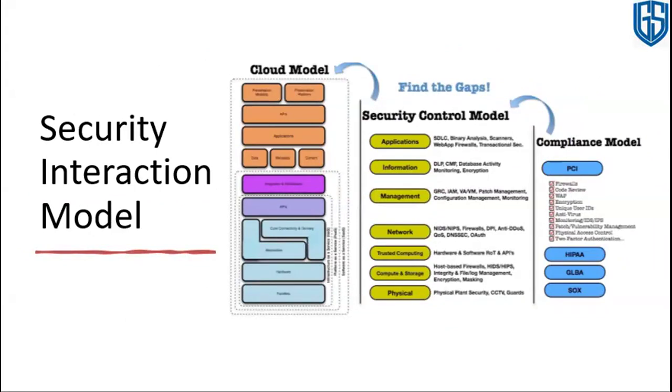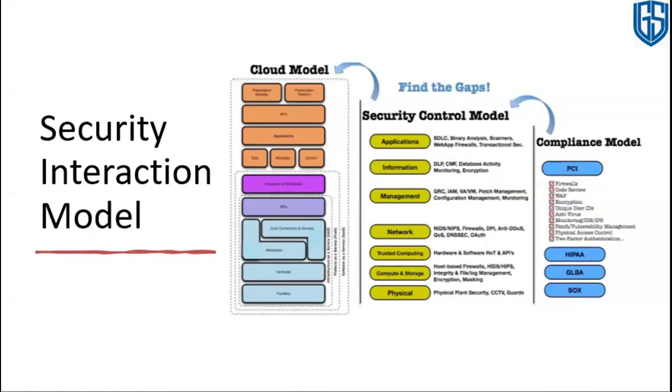So from here, what we conclude is that there are government norms and different bodies like PCI, HIPAA, GLBA, and SOX. All these are referred to as compliance models. We have to adhere to their norms. While adhering to their norms, there come different security control models. These are the different technologies with which we can ensure that these policies are incorporated, and that the security control model should be compatible with the cloud model.